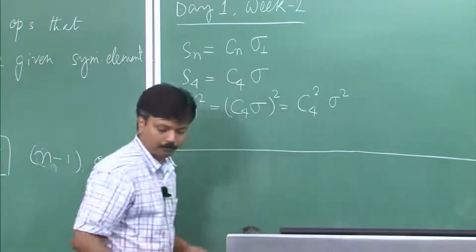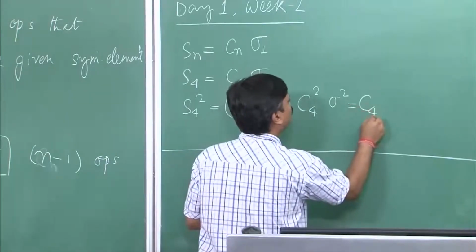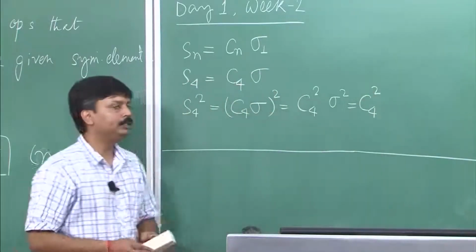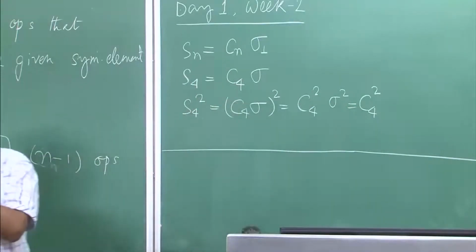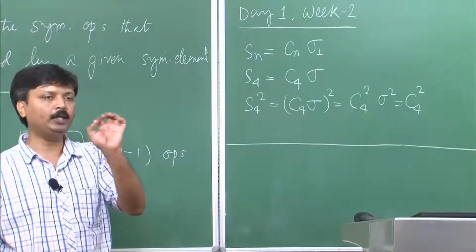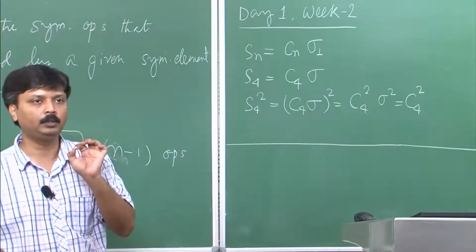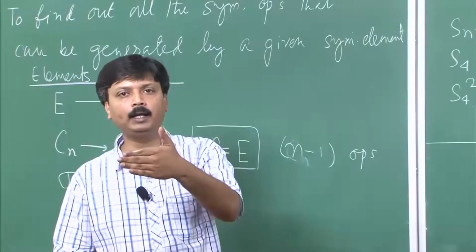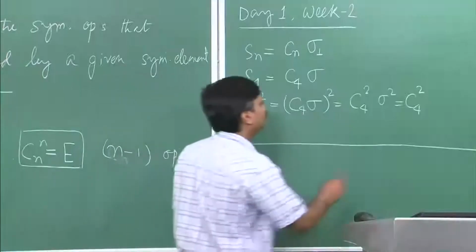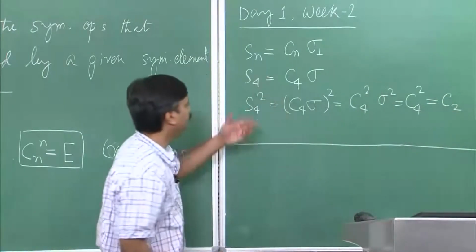So this equals C4 squared. Now think about this. C4, when it is operated twice, that means 90 plus 90, 180 degrees. I can actually have an axis which is C2 here. C2 will rotate the molecule by 180 degrees. So C4 squared is nothing but C2.